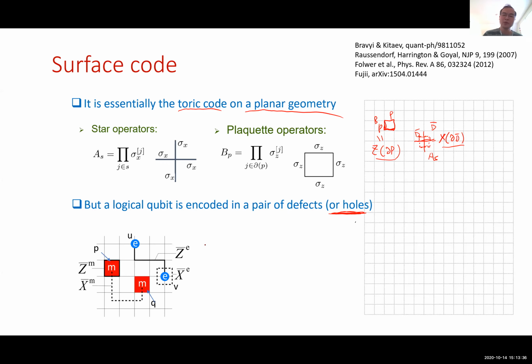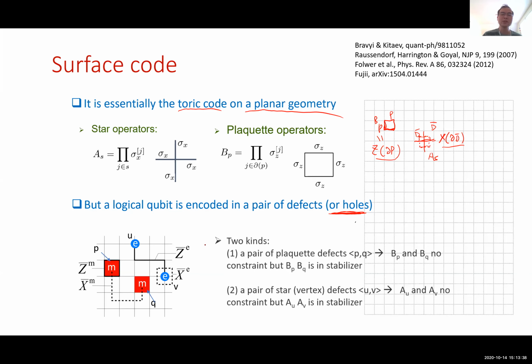But what I mean by punch hole is that if you look at the example, we see that you create an excitation, a pair of excitations of charges, or pair excitations of fluxes. In this case, we're going to use a pair of these, for example, the plaquette, as a way to encode a qubit.